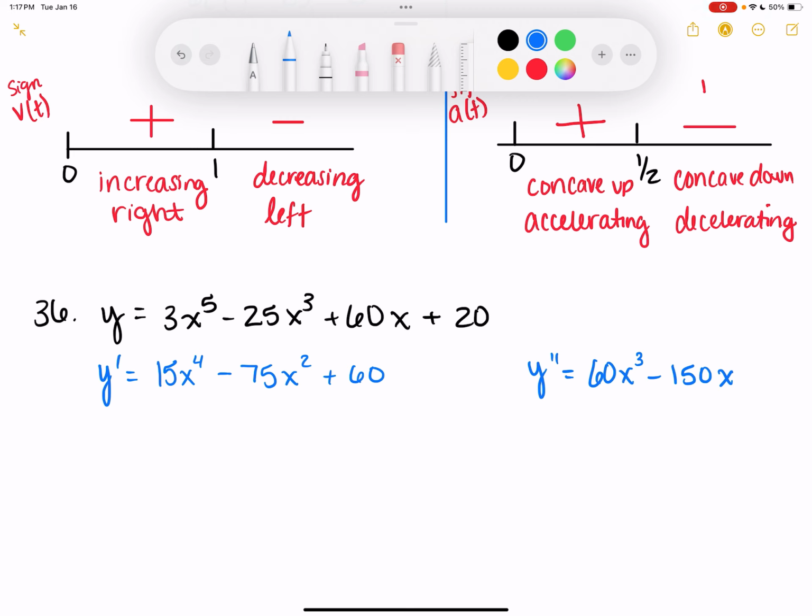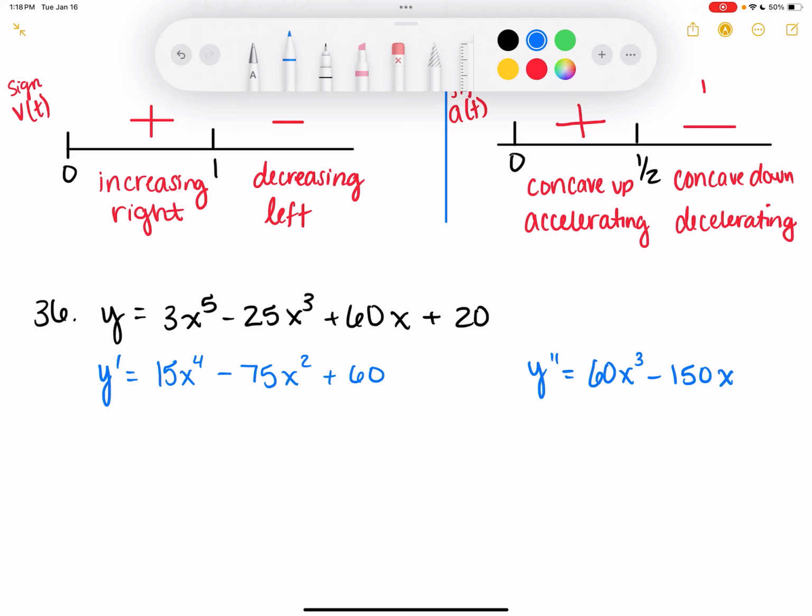Now we set the second one equal to 0. Wait, no, we set the first derivative equal to 0. Because what is that going to tell me? Your points of inflection? No, inflection's what we just did. This is back from 5.1. What do you get by taking the first derivative and setting it equal to 0?